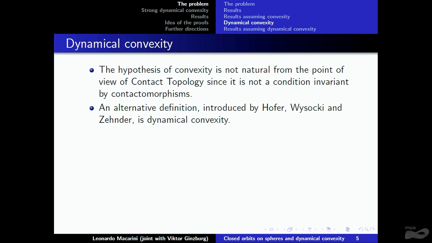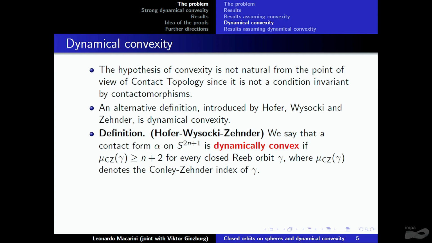An alternative definition that was already mentioned by Umberto in his talk this morning is dynamical convexity, introduced by Hofer, Wysocki and Zehnder. Let me recall the definition. We say that a contact form on the sphere of dimension 2n plus 1 is dynamically convex if the Conley-Zehnder index of every closed orbit is at least n plus 2.